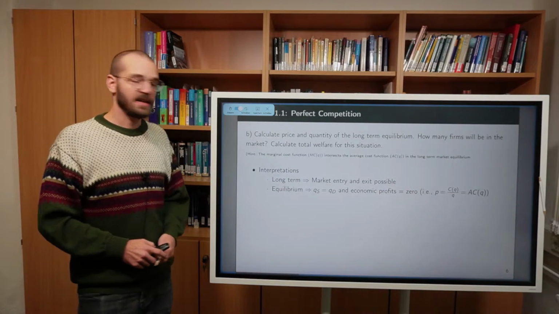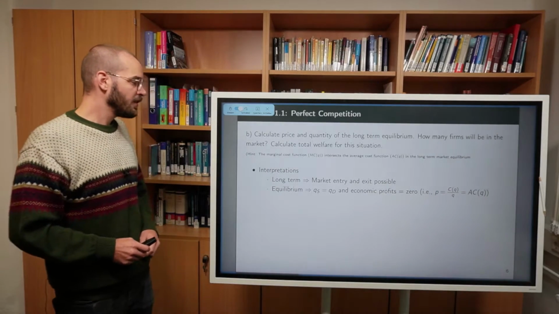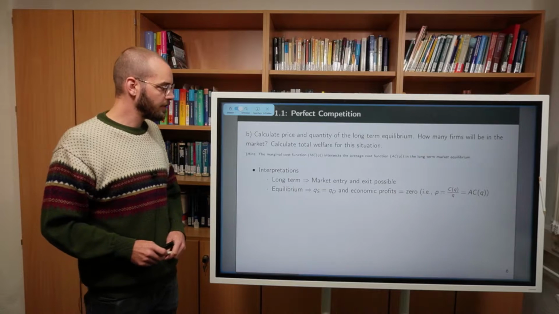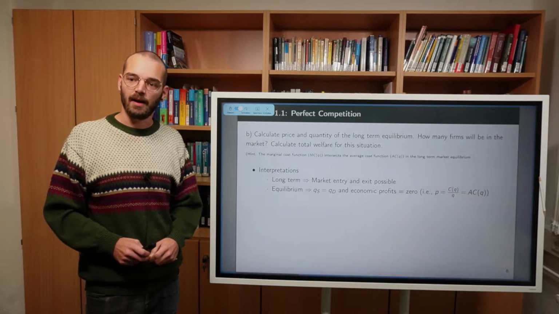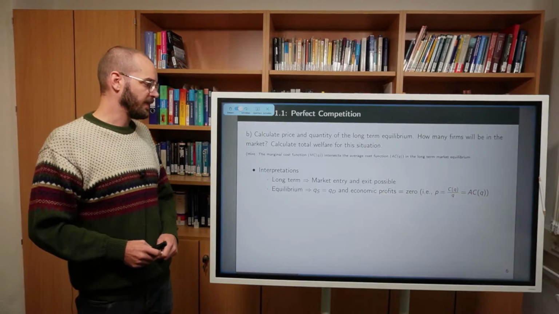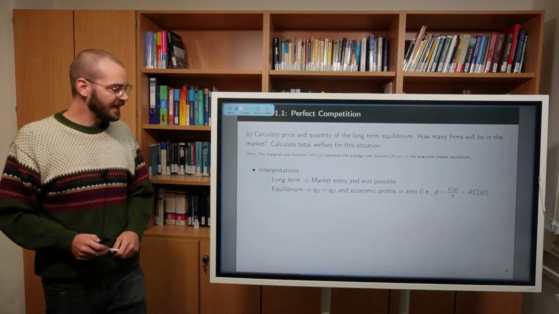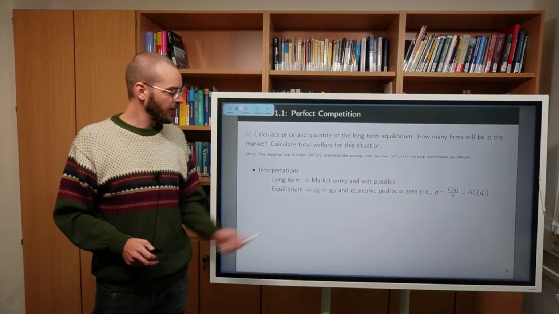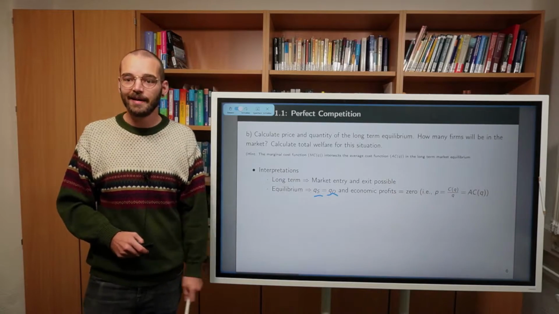Now, let's start again with some easy interpretations. First, the long term means that market entry and market exit is now allowed. And then, similar to what we saw earlier, the equilibrium again denotes the situation where the total quantity supplied equals the total quantity demanded.